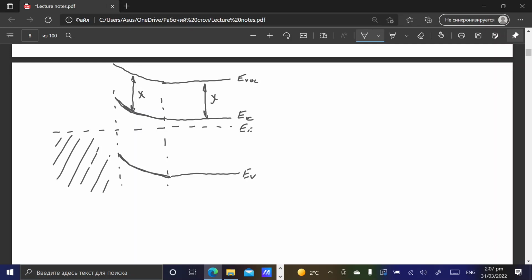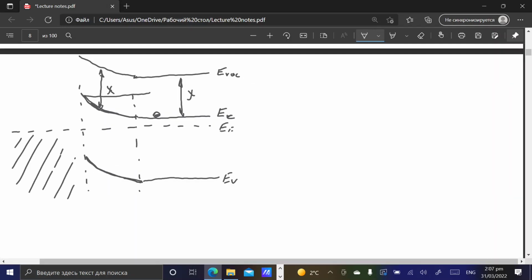So now, because of this band bending, as you see, if you consider here an electron in the neutral region of the semiconductor in the conduction band, there will be a potential barrier with a height q VBI. VBI stands for built-in voltage.